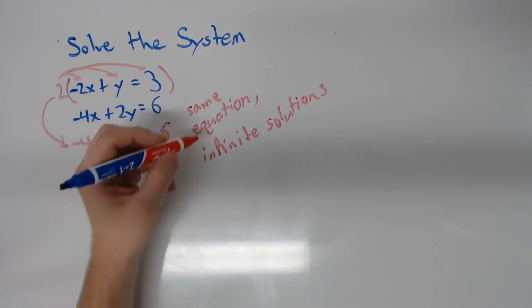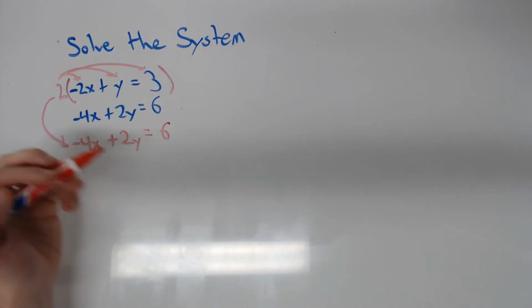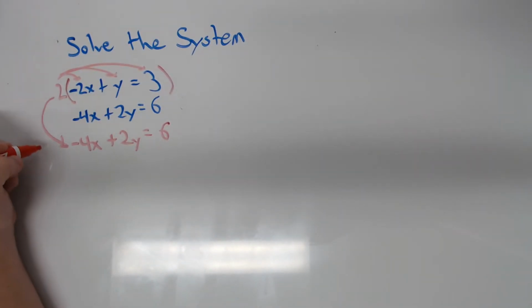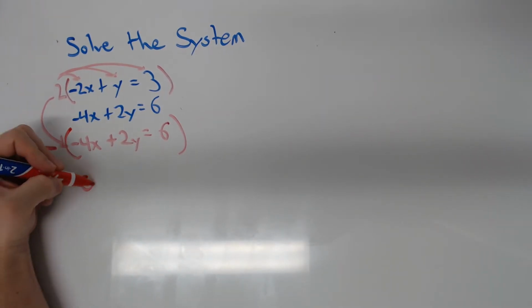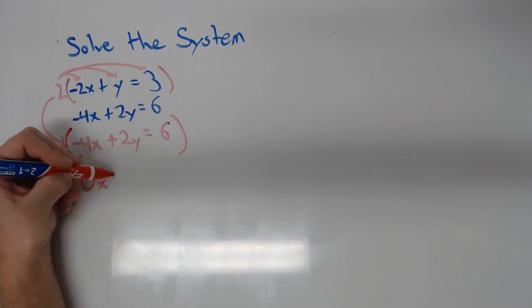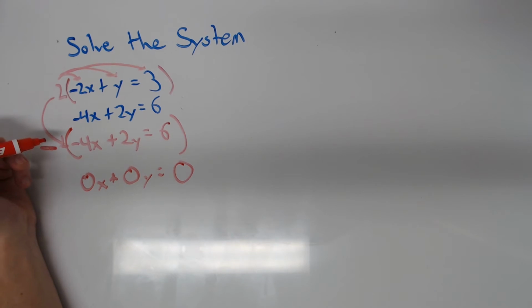But if we continue on down, we'll find the algebra way of making that decision. All right, we want these to cancel, so I'm going to subtract. -4 minus -4 is 0x. 2 minus 2 is 0y. 6 minus 6 is 0.